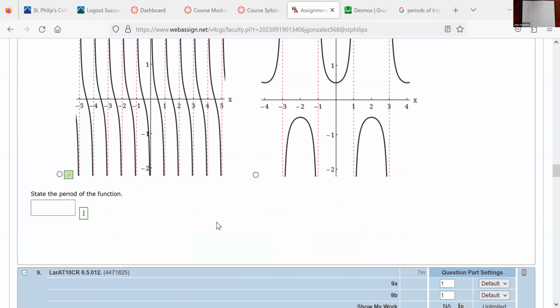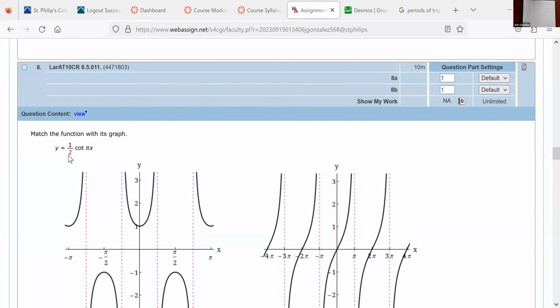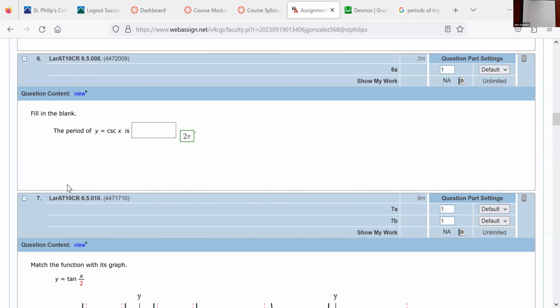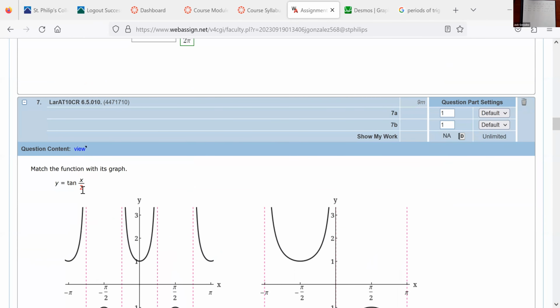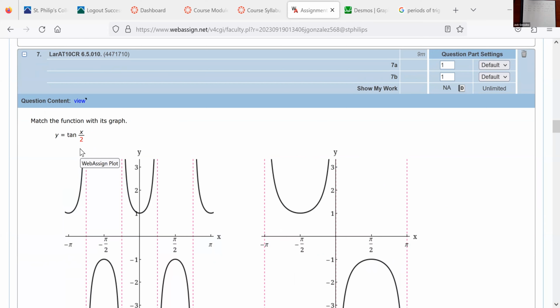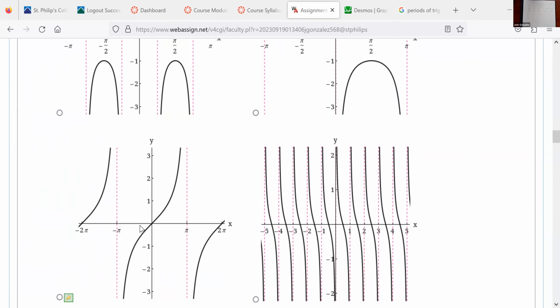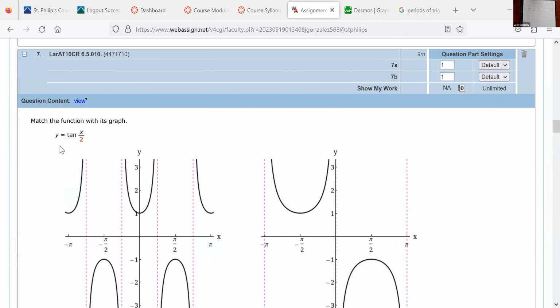So for 6.5, really, you just need to know what the graphs look like. And then the same things are gonna happen with the values inside. Like this, we talked about how it's gonna slow it down. So the period should double. So the original period was pi. So if it doubles, then it should be 2 pi, right? And then you graph the original and compare it, so it shouldn't be too crazy.